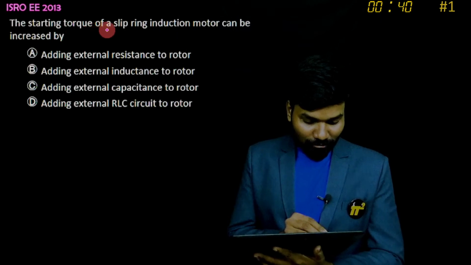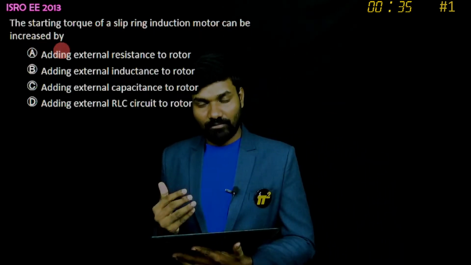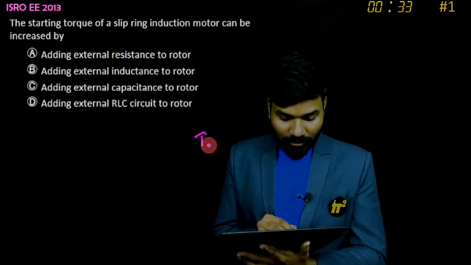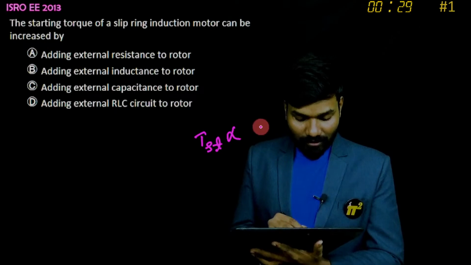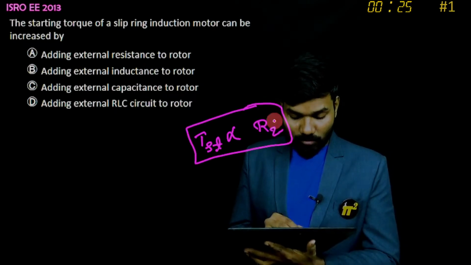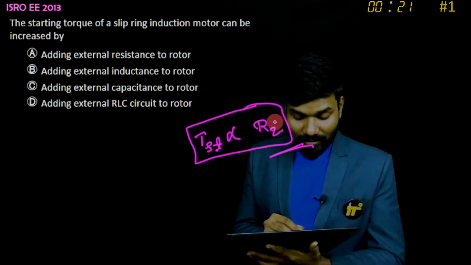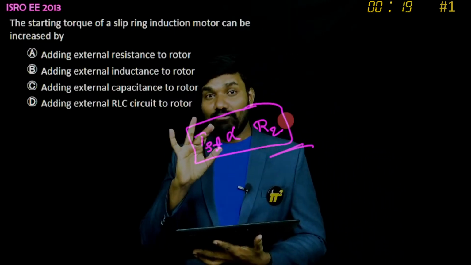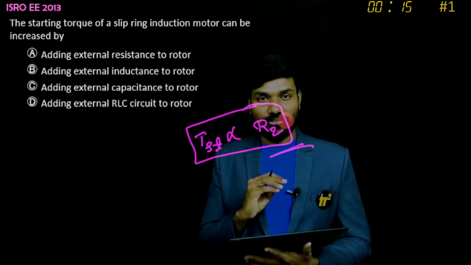The starting torque of a slip ring induction motor can be increased by, starting torque is proportional to rotor resistance, to be more precise. And this rotor resistance will not affect the maximum torque. It only affects the starting torque.